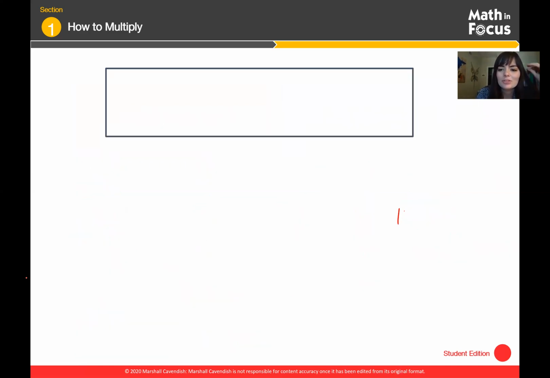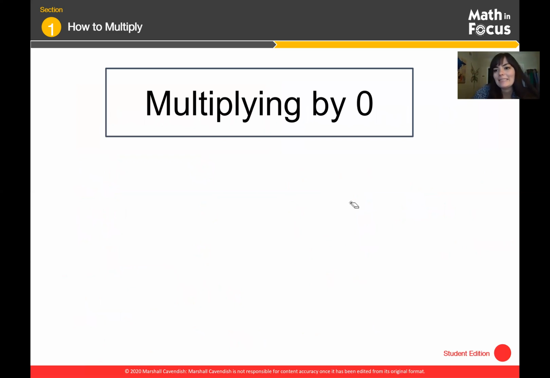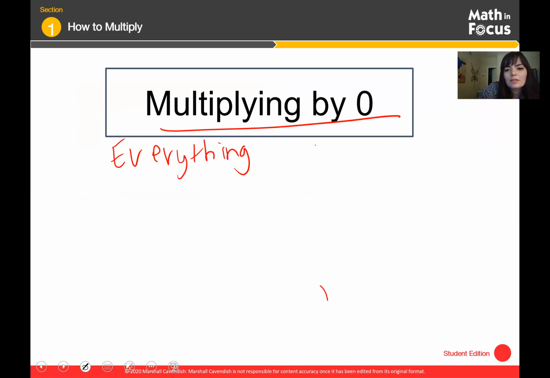Now, the exception to this rule is multiplying by 0. 0 is like it cancels everything. Everything multiplied by 0 is 0.